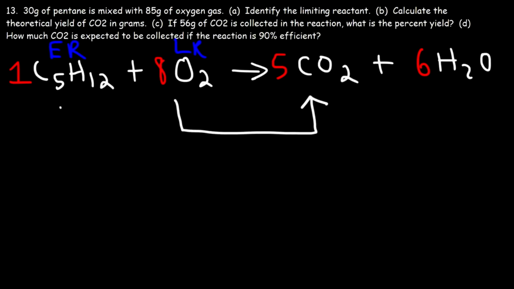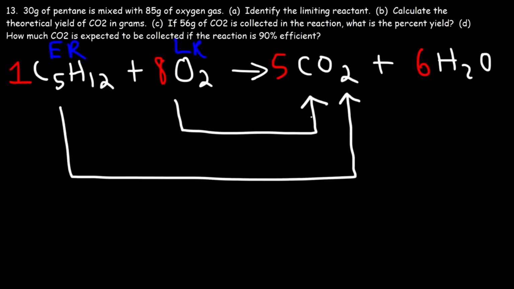And then separately, take the mass of the excess reactant, convert it to the grams of CO2. Whichever of these two reactants gives you a lower theoretical yield, that's going to be the limiting reactant. And automatically, the other one is the excess reactant. So that's how you can do part A and B at the same time without calculating the mole per coefficient ratio. So let's go ahead and do that in this example.